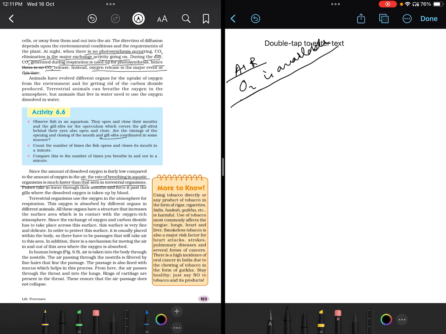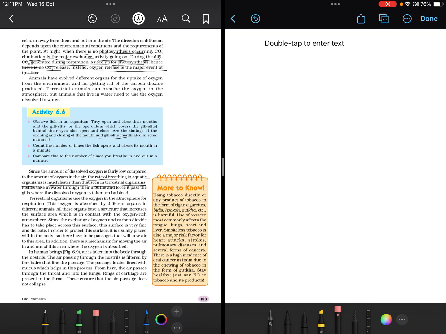So the terrestrials, the land animals, and we are also terrestrials, the humans, our rate of breathing is slow. But in water, where oxygen is low, they need to breathe faster because they also need oxygen. I hope it's clear why they breathe faster.